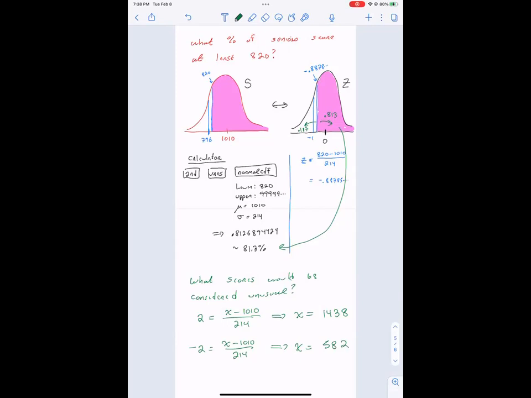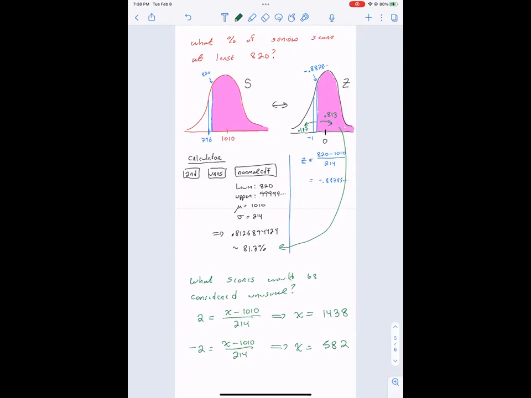And I get that an unusually high score cutoff is 1438. I can do the same thing with a z-score of -2, on the other end, and get an unusually low score cutoff of 582. So anything above 1438 is unusual. Anything below 582 is unusual. That's correct. Only 2.5% of seniors are going to score more than 1438, and only 2.5% of seniors are going to score less than 582.